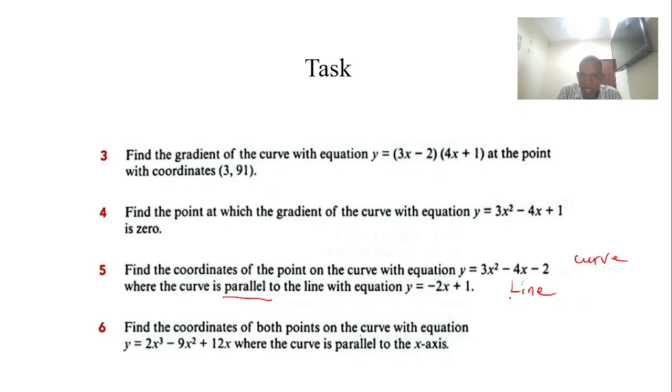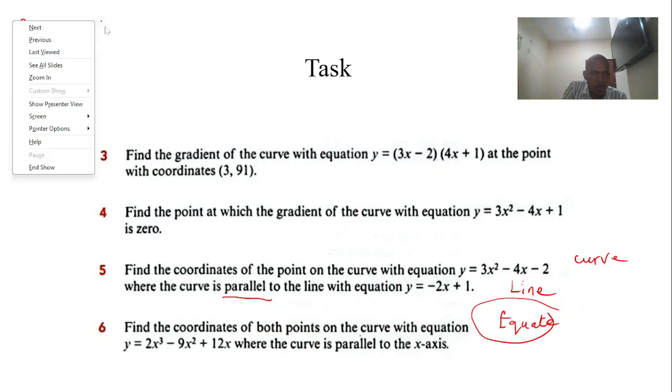So I have a straight line and a curve, but they have the same gradient. So I'm going to equate their gradients because they're parallel. That's it. So first, let's get the gradient of the curve, okay?